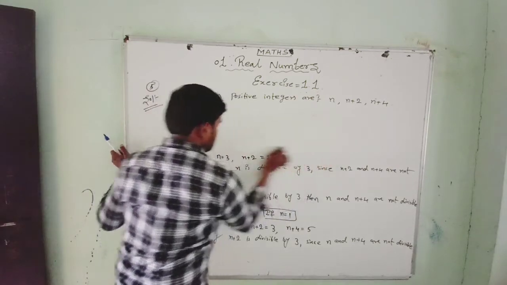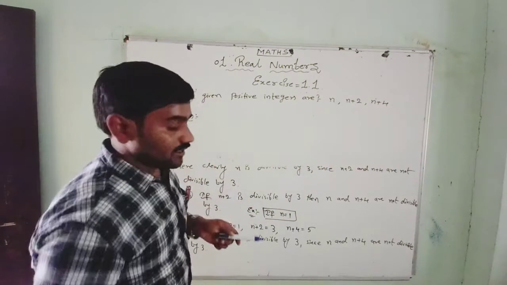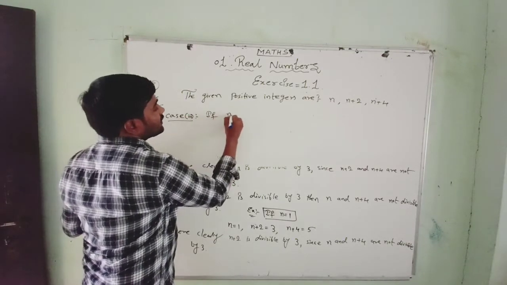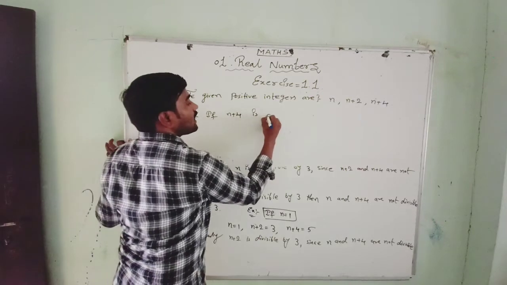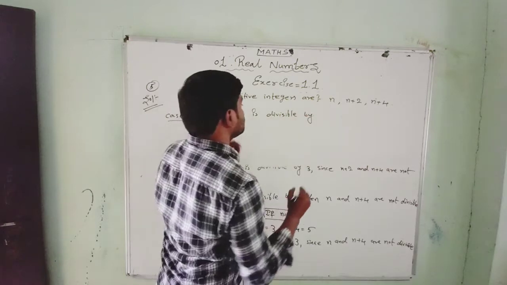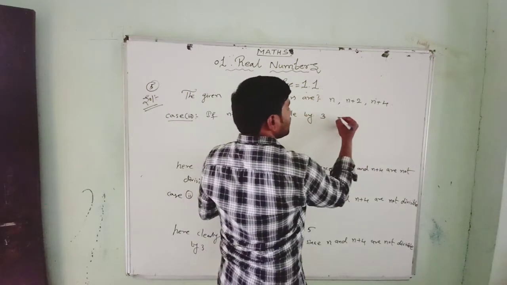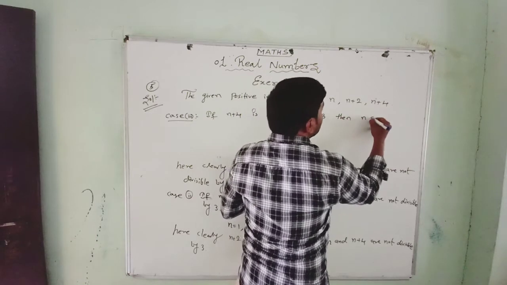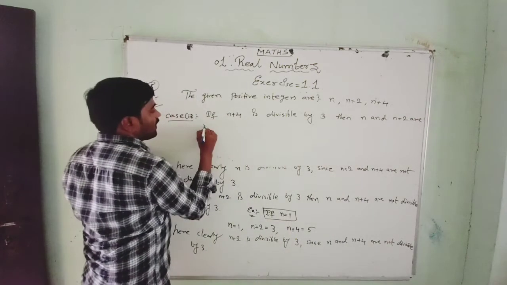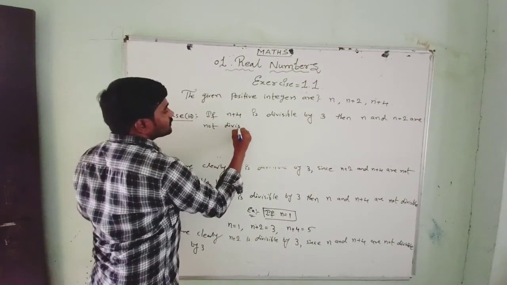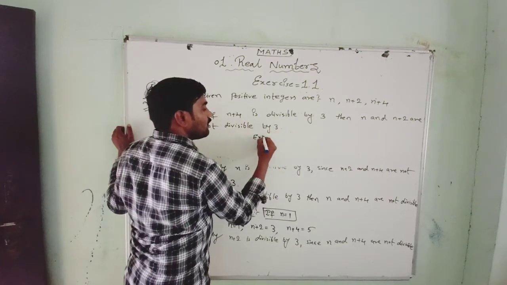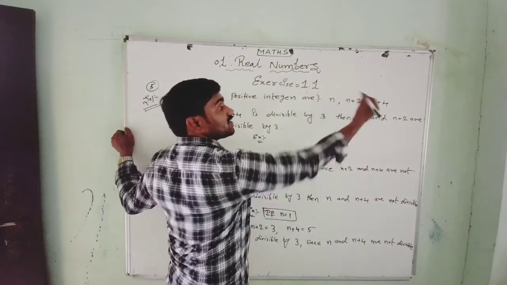Let me write here in case 3: if n plus 4 is divisible by 3, then n and n plus 2 are not divisible by 3. For example, you take such a number where n plus 4 is divisible.